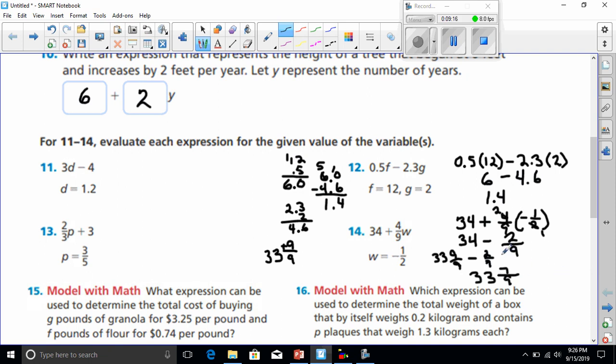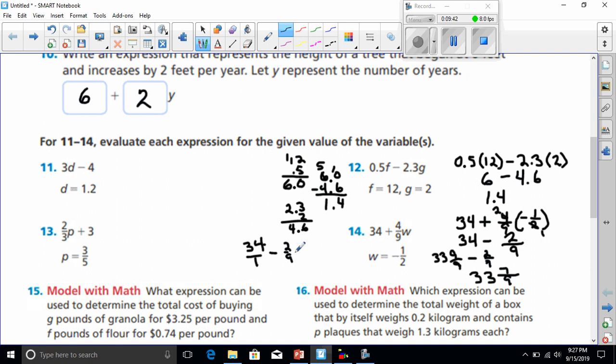And that's it. If you wanted to, you could have done it a different way by taking 34 and putting it over 1. If we did that, we would have 34 over 1, and we'd be subtracting 2 over 9.